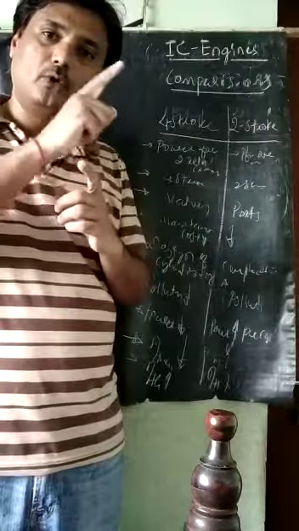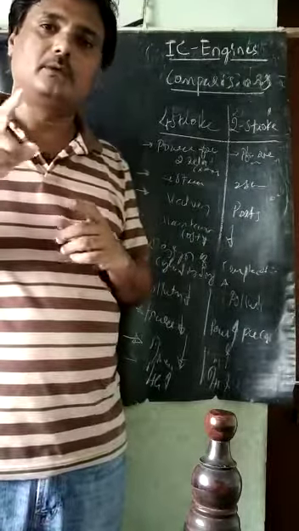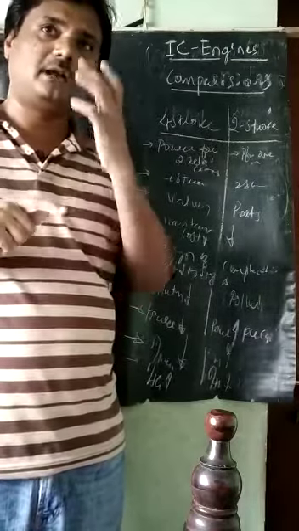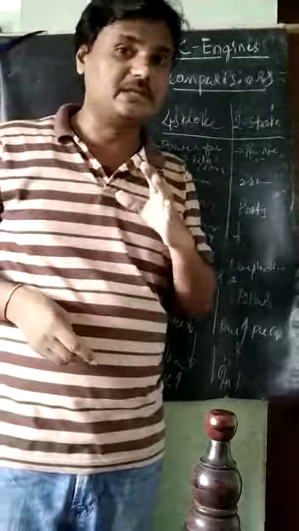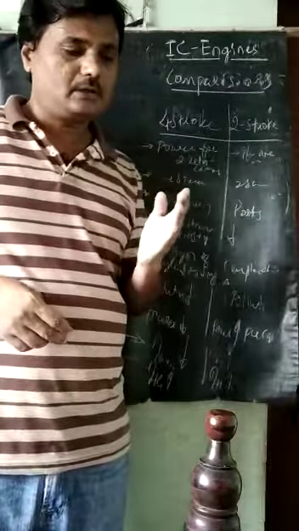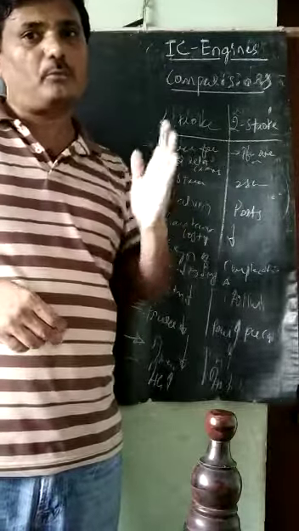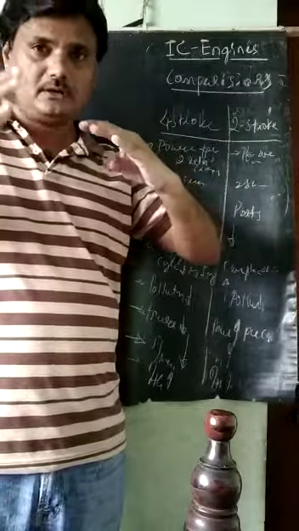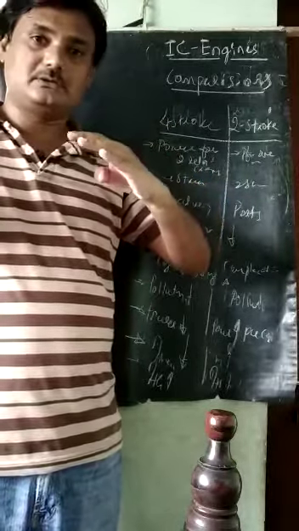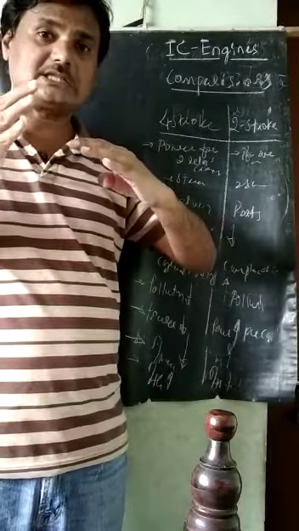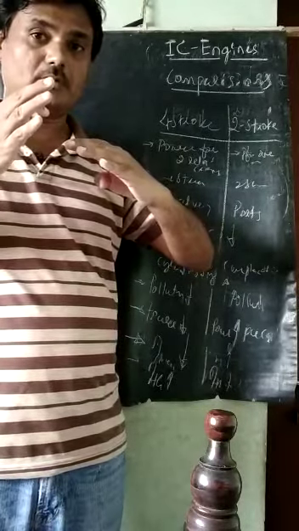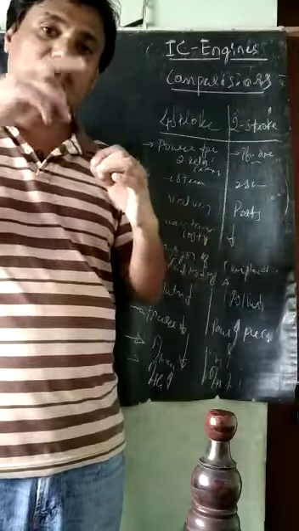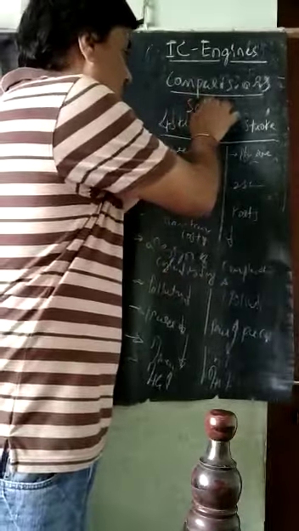They go out as they are, without burning and without being converted to power. That process is also called scavenging. Scavenging means that through the transfer port, the fresh charge replaces the exhaust gas or waste gas already available, and that goes out through the exhaust.